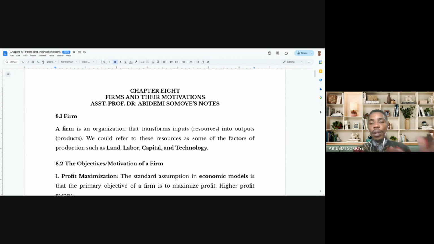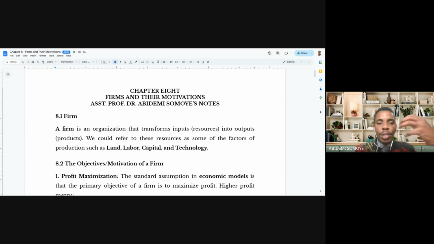In the previous class, we talked about production, which has to do with the transformation of inputs into outputs. Which agent is responsible for transforming those inputs into outputs? Those are firms, or businesses, or different organizations.